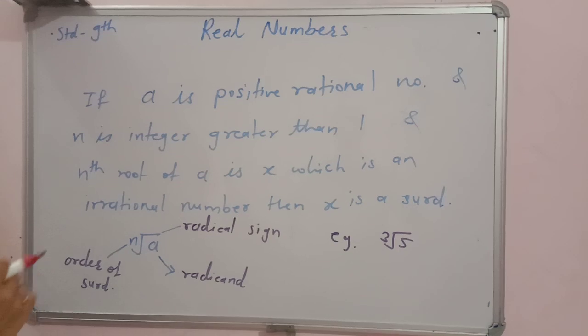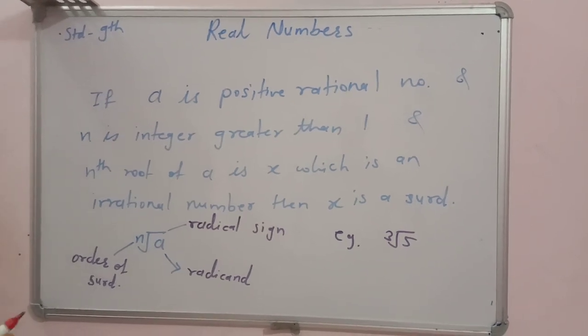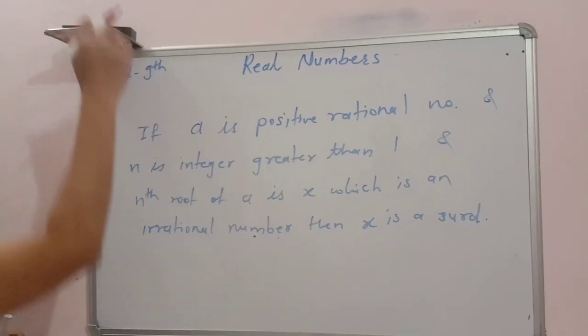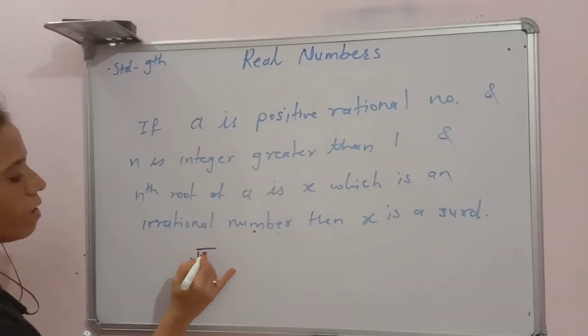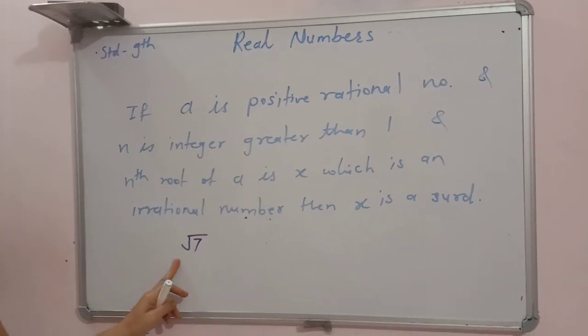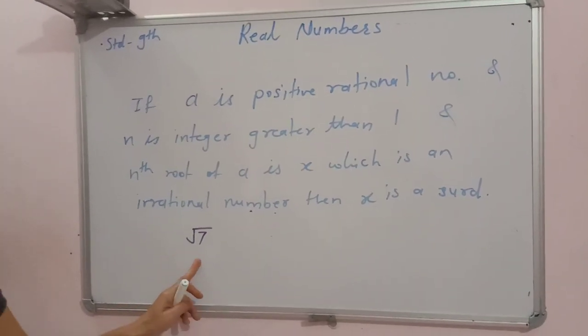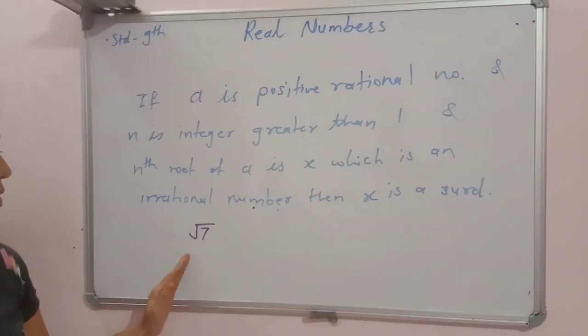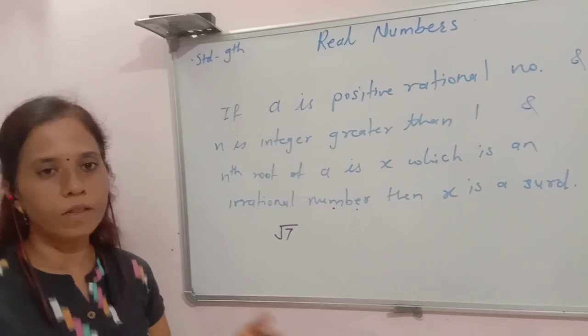Now the surds of order 2 are known as quadratic surds. For example, root 7. Here the order of the surd is 2. Such surds are known as quadratic surds, and we are going to study quadratic surds in this chapter.